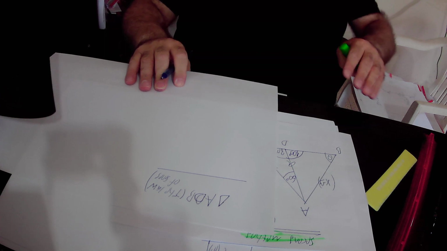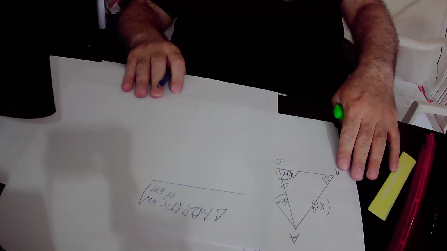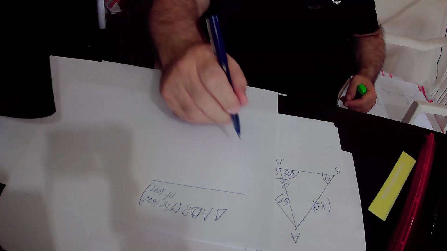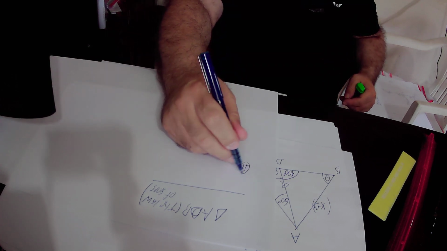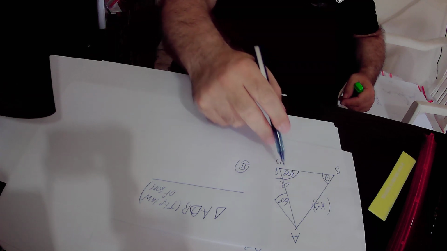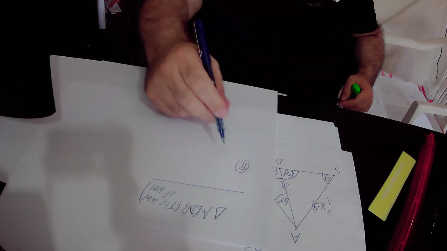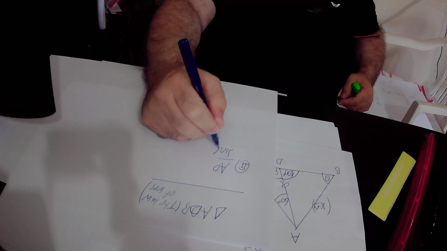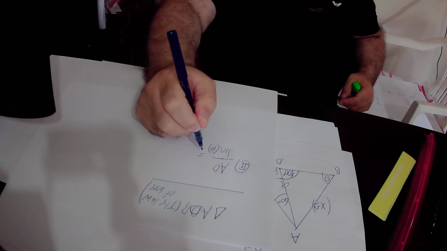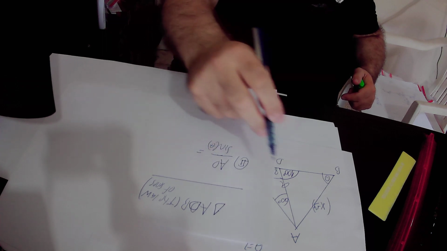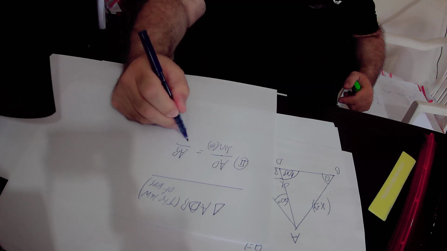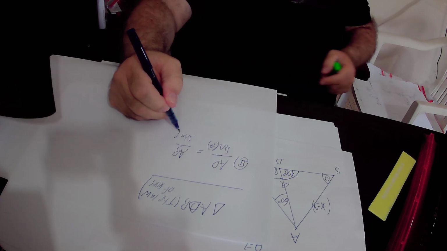According to the law of sines, in this triangle ADB, we get AD over sine theta equals AB over sine 100 degrees.